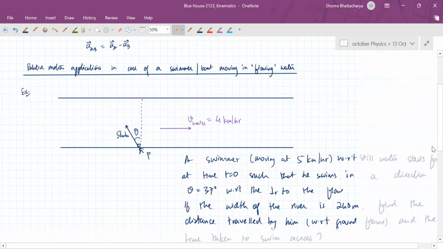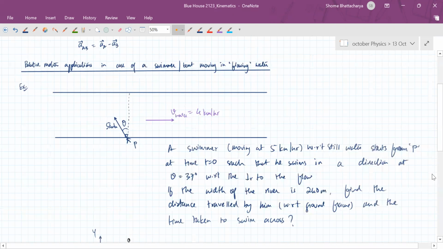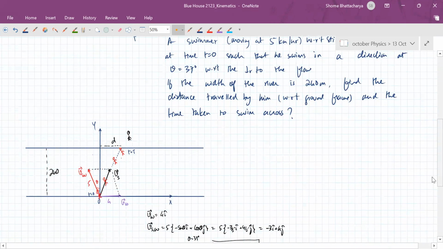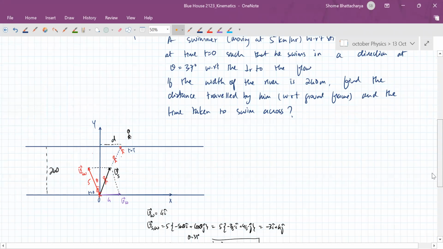First you will find the displacement, and then if the question is asking you for the distance traveled, then you just calculate the mod of that. Yes, sir. So here I have calculated the mod finally because the question asked what is the distance traveled by him with respect to ground and the time taken.